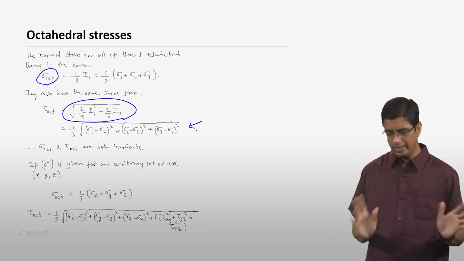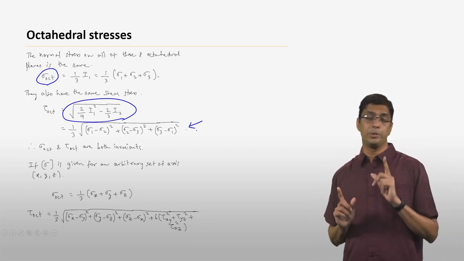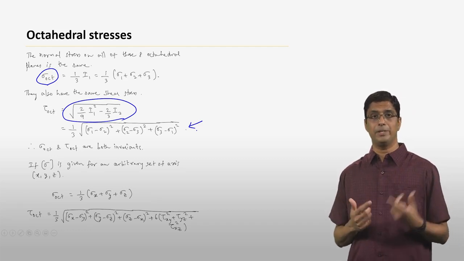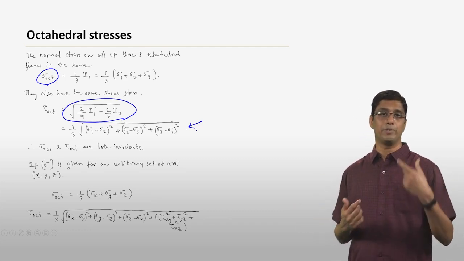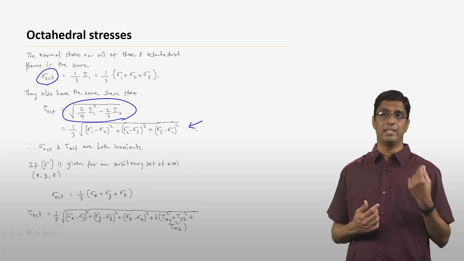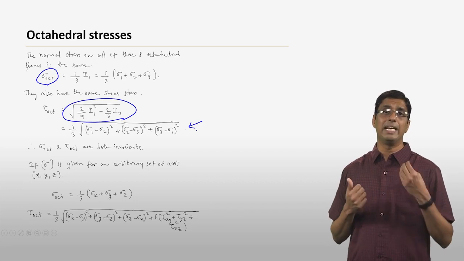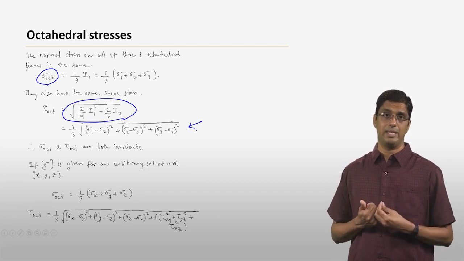Here you might ask a question: why do you specify only one shear stress? Usually when you look at a plane, for example an x plane, you have tau xy and tau xz. Here we have only tau octahedral. What that means is that it is a resultant shear stress in that plane.